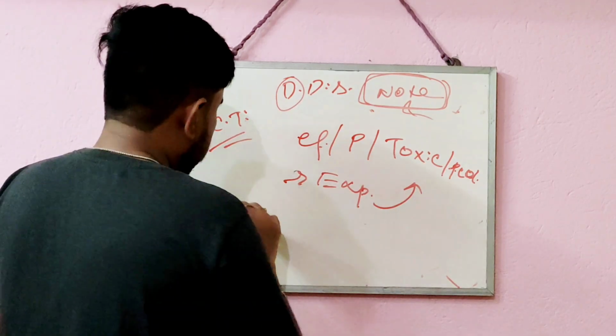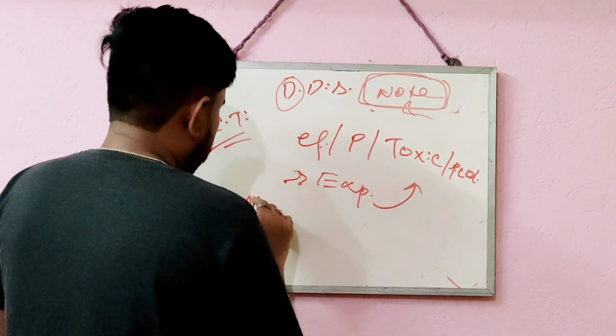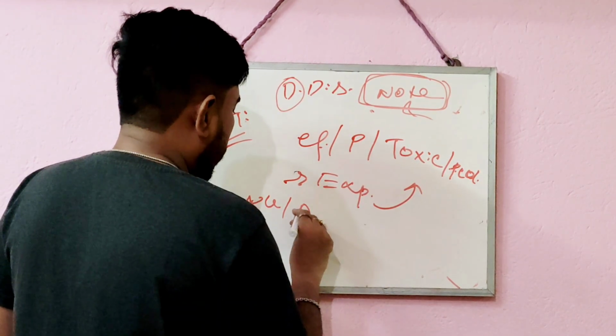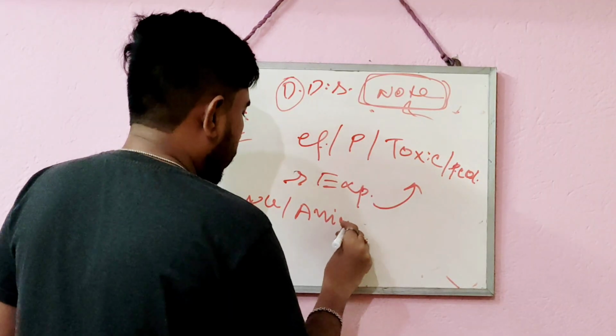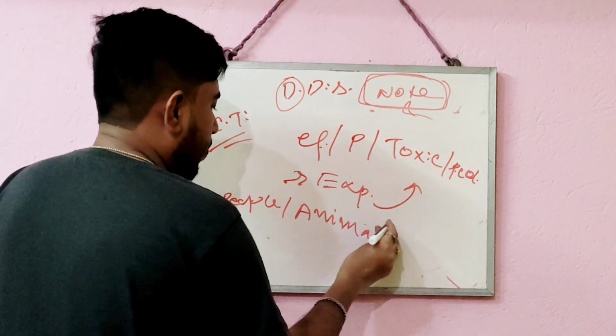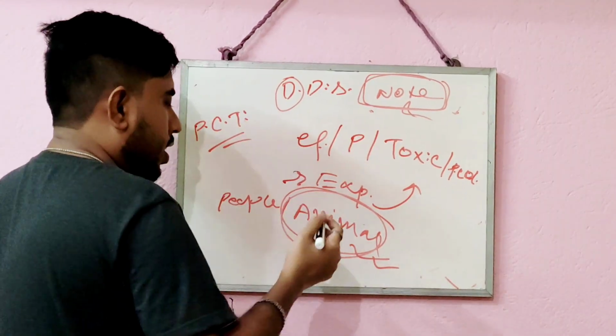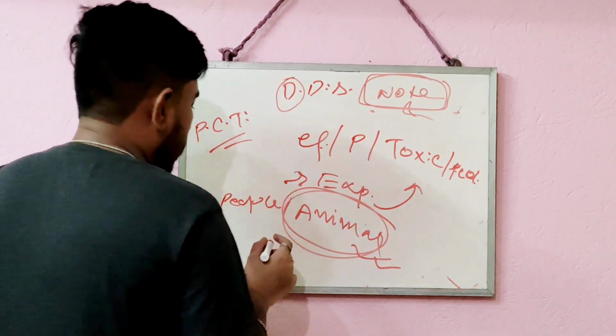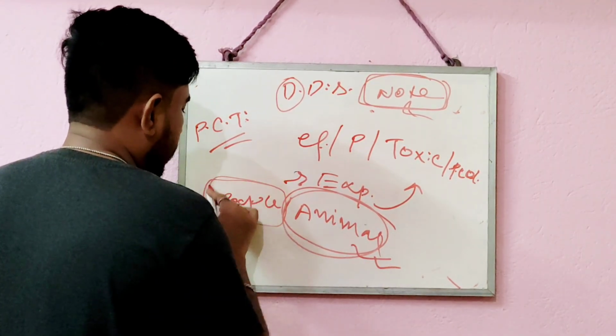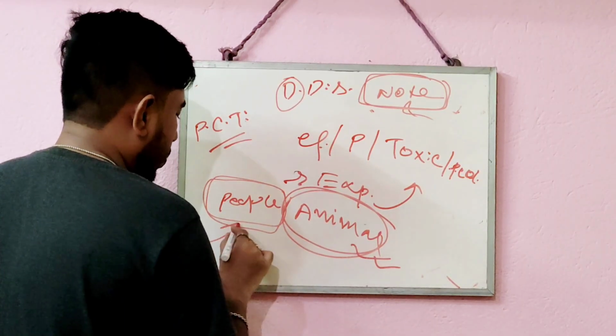For that we can take people or animals. But before testing in people, the drug compound should be tested in animals so that the drug cannot cause serious harmful damage to people.